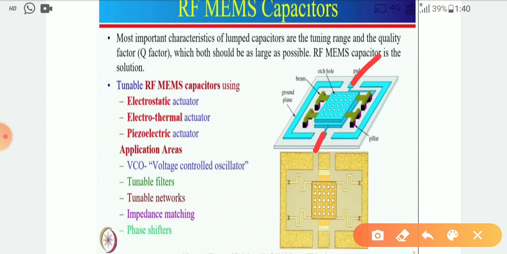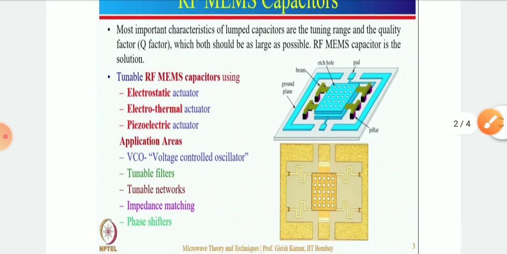One common structure is where the resonance frequency is controlled by changing the length of the comb structure and spring constant. Also it is used for phase shifters.